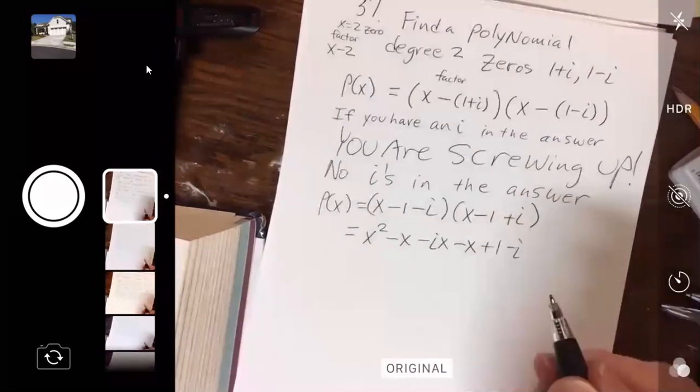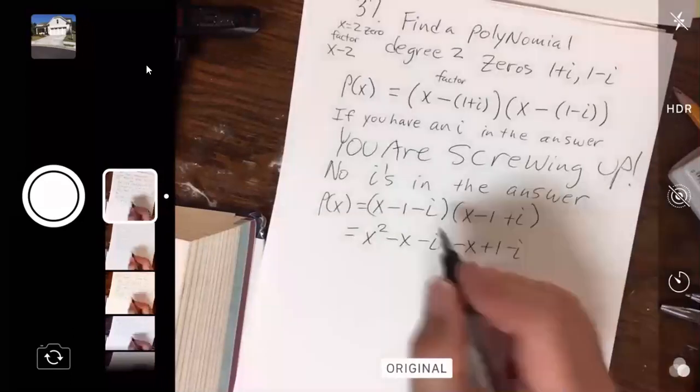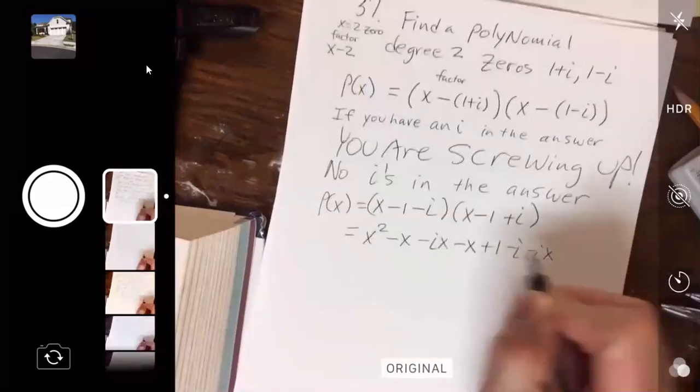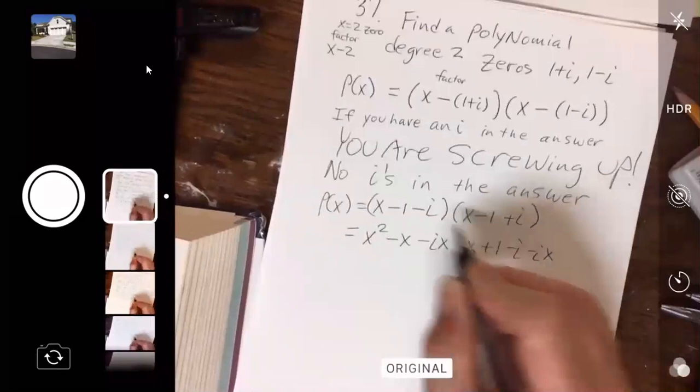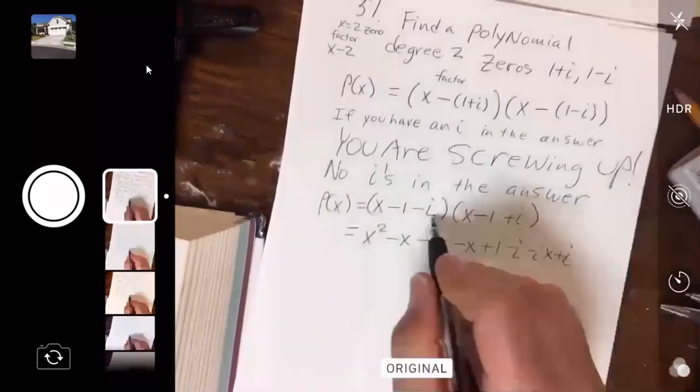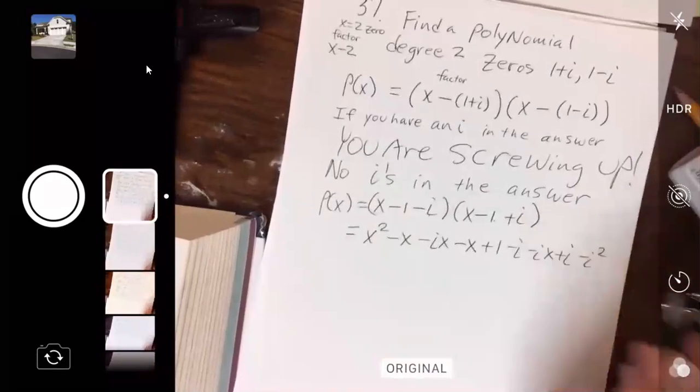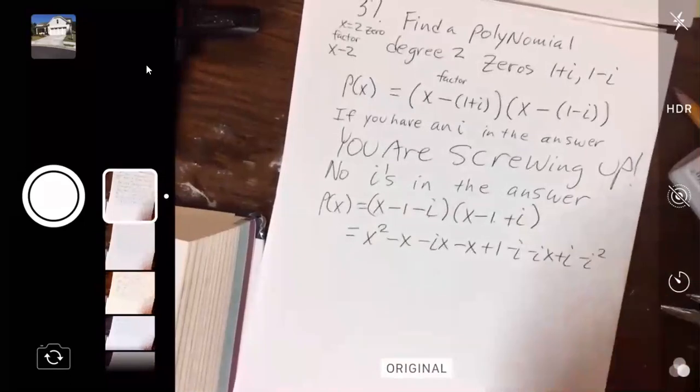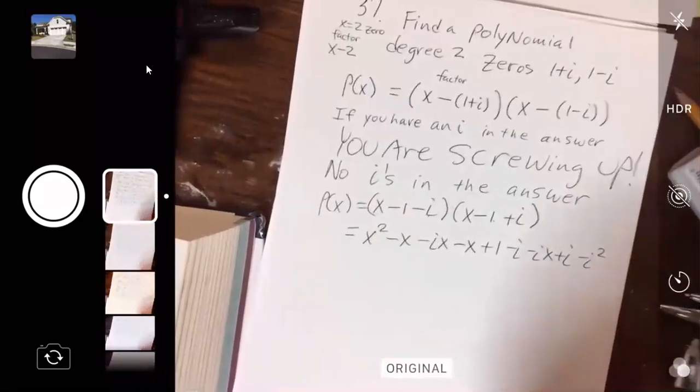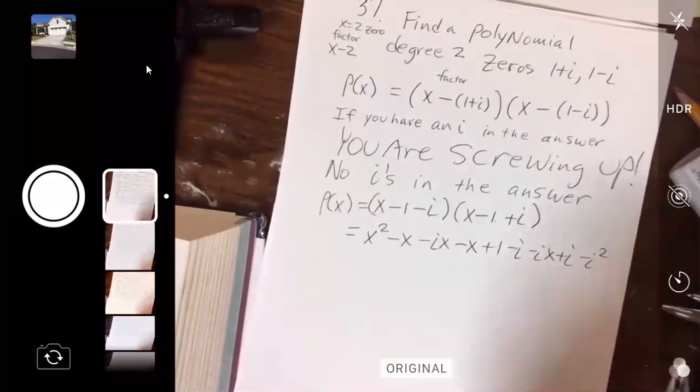Here's round 2. Notice it's got all the signs switched from this. Minus ix, minus i times negative 1 is a plus i, minus i squared. All right, let's see what happens. Just keep boiling it down, combining like terms.